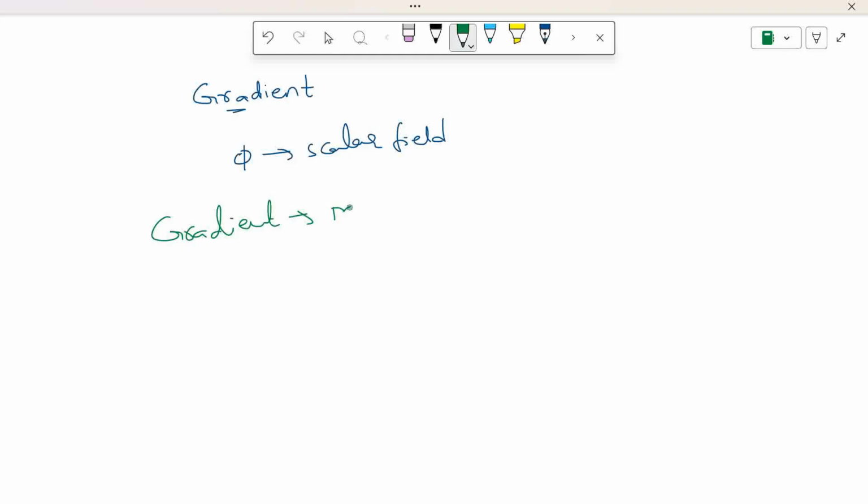It gives the maximum rate of increase of the scalar function at a point.